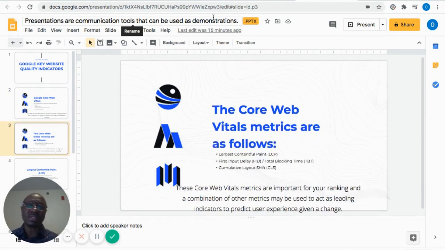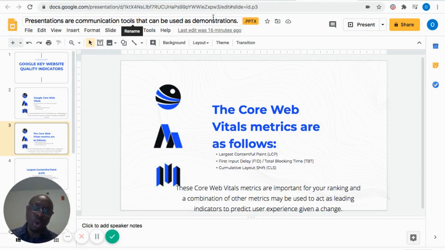So let's look at some of these metrics. The Core Web Vital metrics are as follows. We want to look at what it is that Google is looking for on your page. We're going to look at the largest contentful paint. Then the second one is first input delay, or what you can call the total blocking time, and the cumulative layout shift.